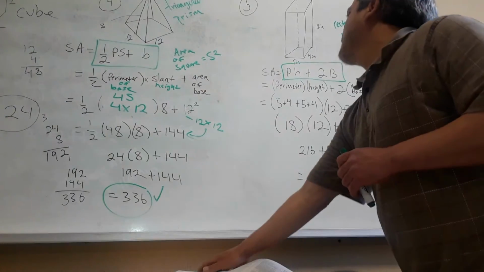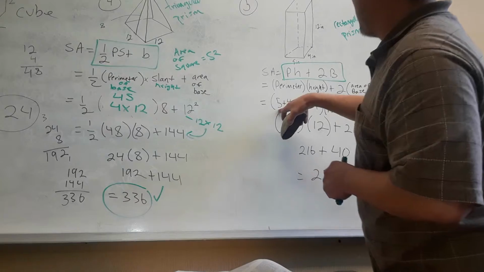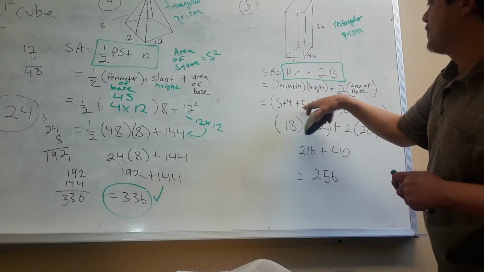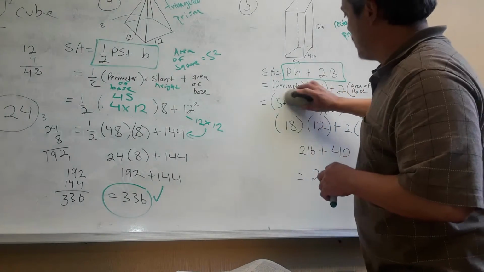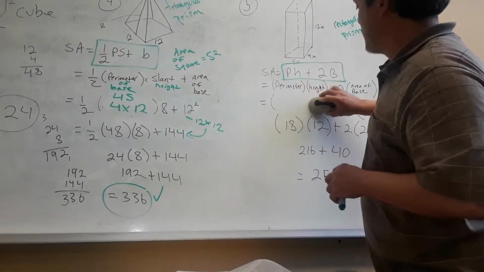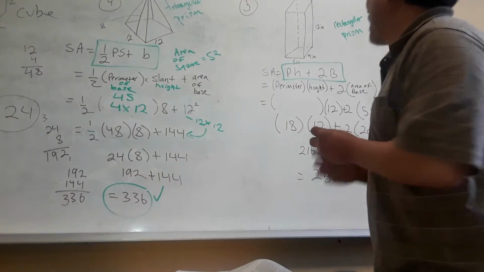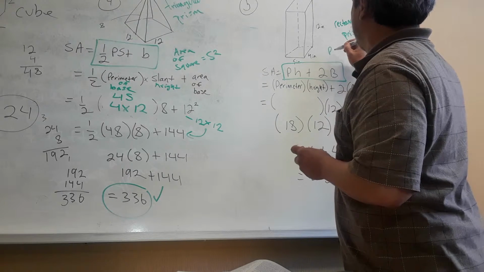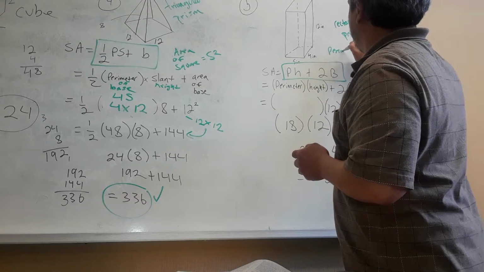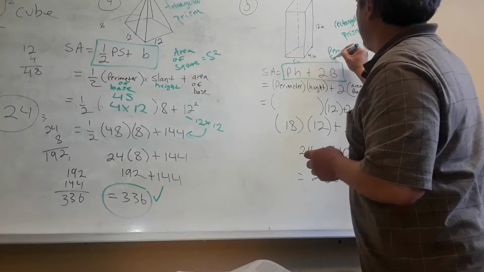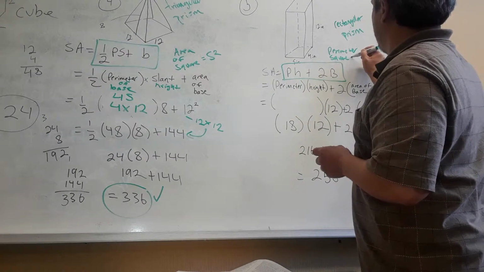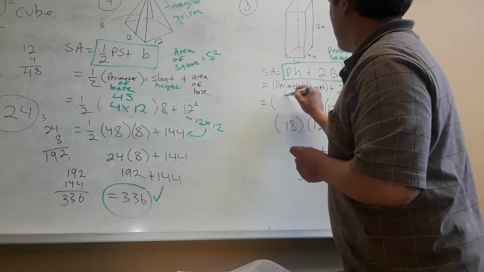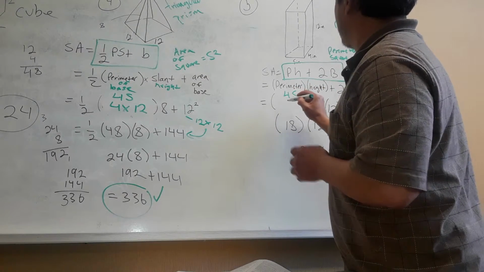Again, for the perimeter, I did 4 plus 4 plus 5 plus 4 plus 5 plus 4, to show you what's really going on, that you're basically adding up all the sides of a square. Our formula for the perimeter of a square is 4 times side.